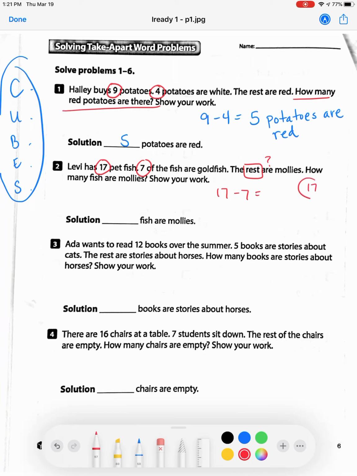Like for instance, 17. 7 is one part, but we don't know what this other part is. So if you know 7 plus a number equals 17, or 17 minus 7 equals this number, and that answer would be 10. And you would write 10 fish are mollies. Okay. And keep going at these.